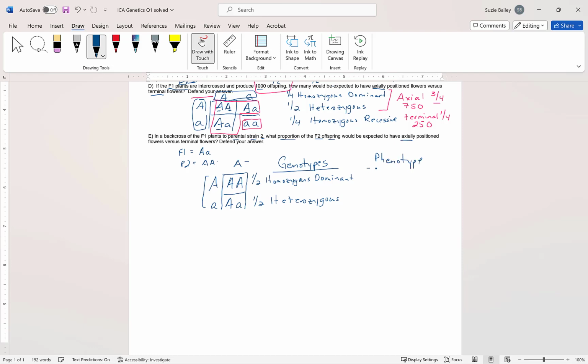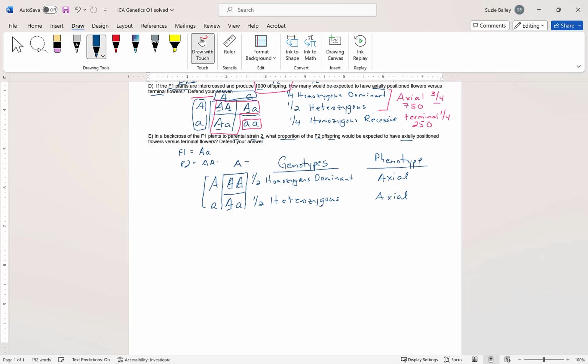And in both cases, because axially positioned flowers is the dominant trait, and any of these individuals would inherit a dominant allele, 100% of the offspring of this backcross are going to have axially positioned flowers.